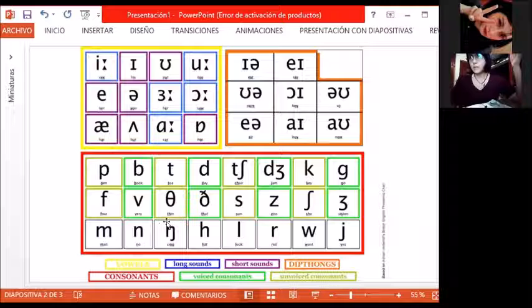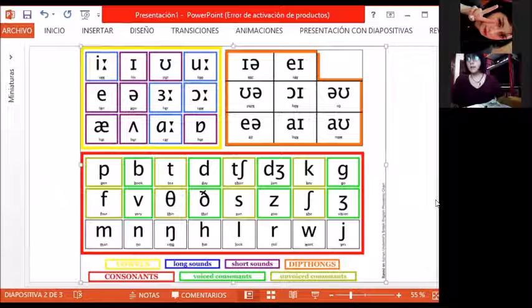But if we pronounce a V in isolation, we have to make this vibration in our throats. We cannot pronounce a V without having a vibration in our vocal cords. It will be an F, basically. And we also have these other consonants, but these are not considered voiced or unvoiced.